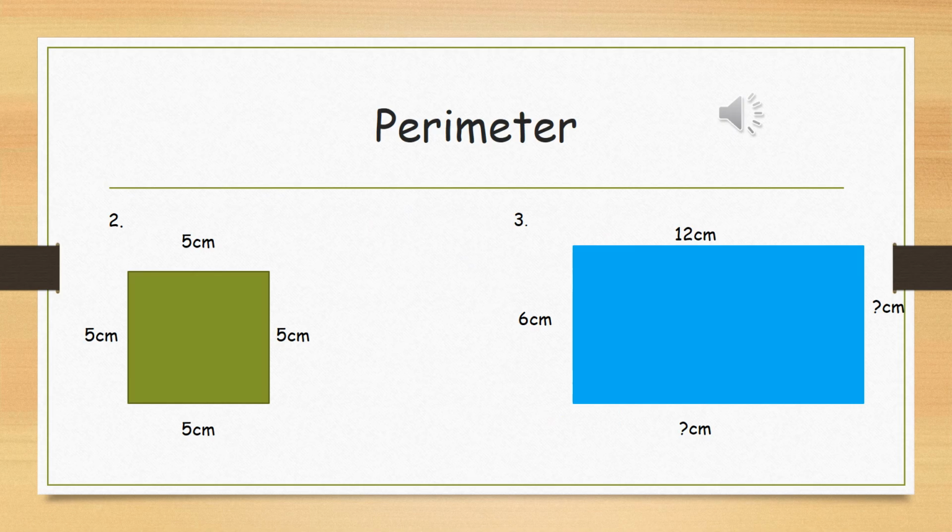On the following 2 slides, you'll see 4 more sums for you to do. Work out the perimeter of those shapes using the addition method, and then on the last slide is a memo for mom and dad to see whether you've worked out the sums correctly. Have fun. It's really, really easy to work out.